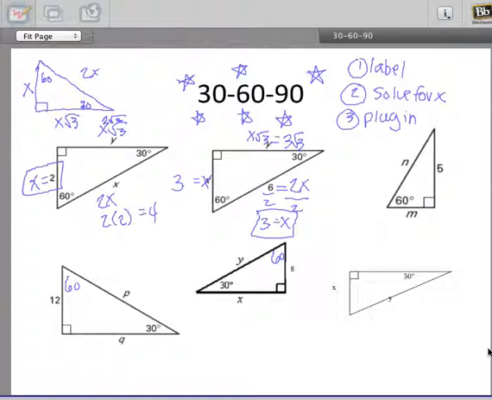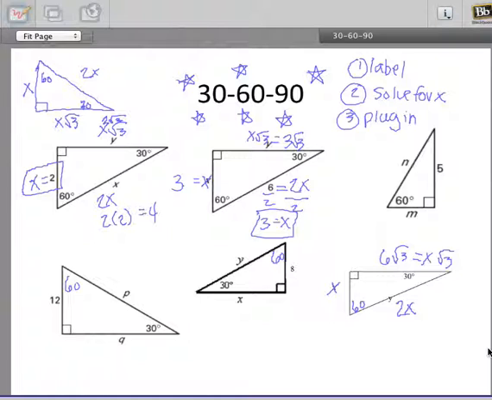Let's try this one over here. I'm going to say that the side that we're missing here, let's say he is 6 radical 3. So I'm going to start just by labeling my sides. Across from the 30, he's the x side. Across from the 90, he's the 2x. And across from the 60, which would be right here, is going to be the x radical 3.